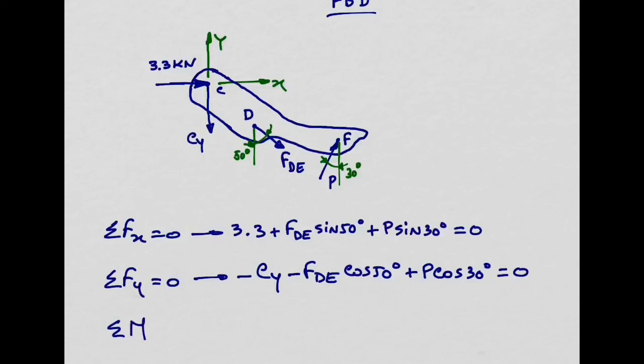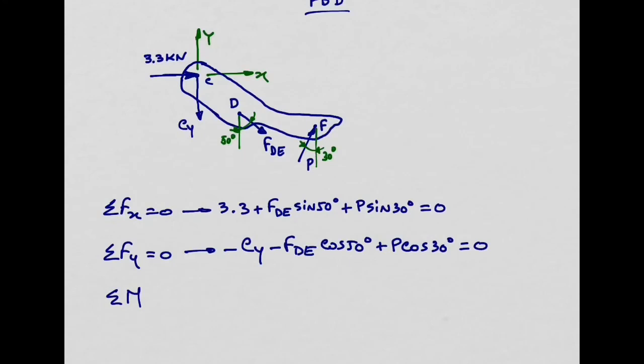Summation of moments about any point. You can choose any point. Because we are running a bit out of time, I'm going to choose the same point I have in my solutions. But the good way to study this is at home you can choose a different point for the moment. And of course you need to get the same result at the end. If you don't, something is wrong, and then you can go back and review your calculations. This is a very good way to study, in fact.